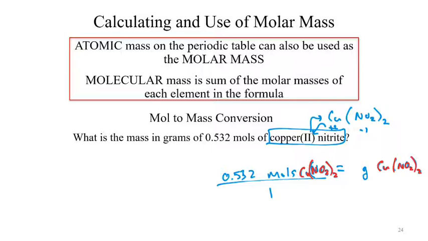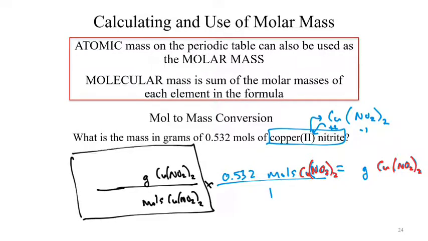If I'm now going to solve, I need moles of the copper(II) nitrite to disappear, so I have to place that in the denominator. And in the numerator, I want grams of copper(II) nitrite. So now the question becomes, does this conversion factor exist? We could jump to the front of the exam and ask, is it there? No, it's not.